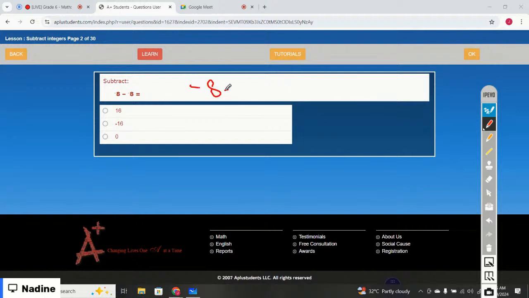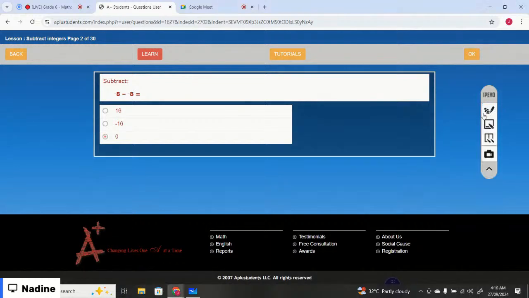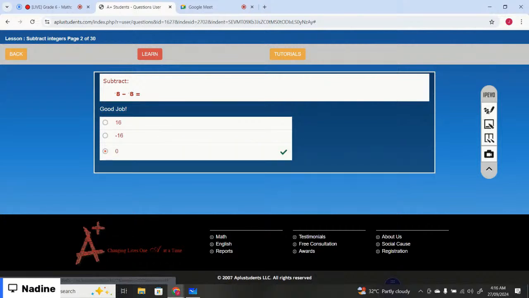So negative 8 plus 8 makes, that is 0. Option number 2 is the correct option. Negative 8 plus 8 is 0.